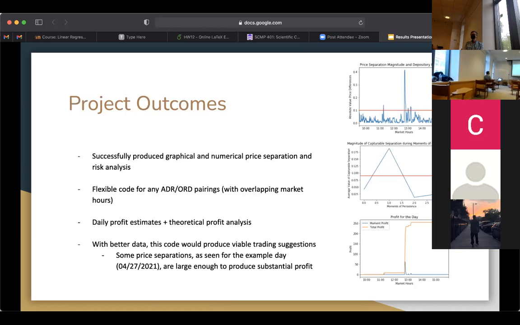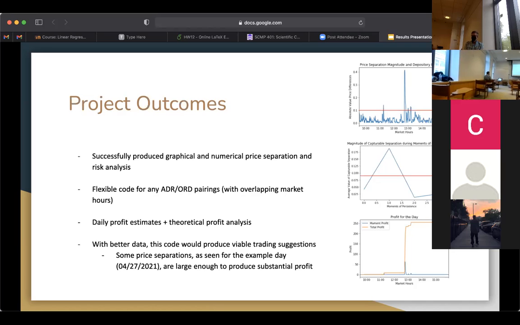So say on moment 0, the first price separation of the day, say it lasted for 3 minutes. Over those 3 minutes, the average separation looks to be a little less than 5 cents, so about 4 cents. And then on moment 1, the second price separation of the day, suppose it lasted for 2 minutes. It was about an 18-cent separation.